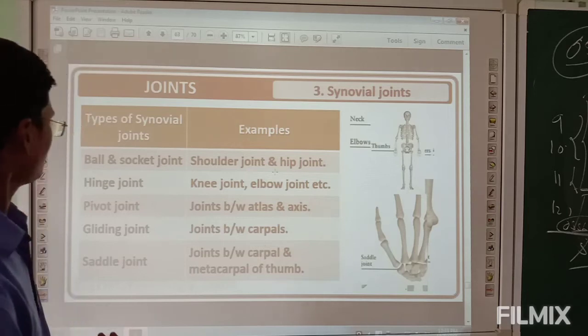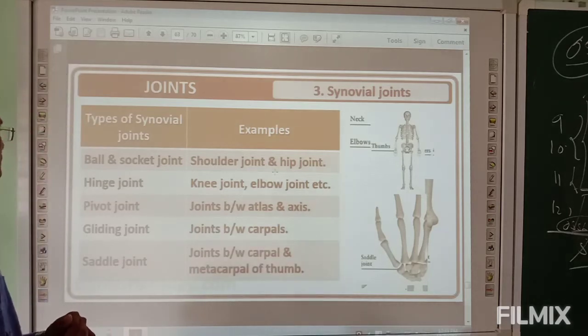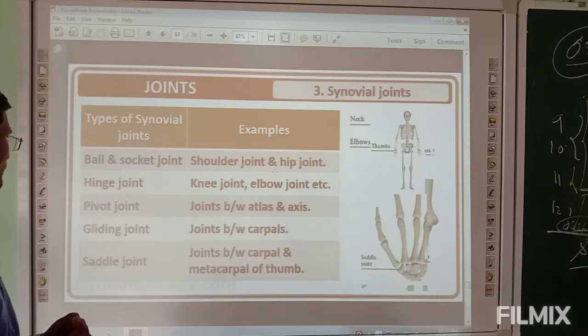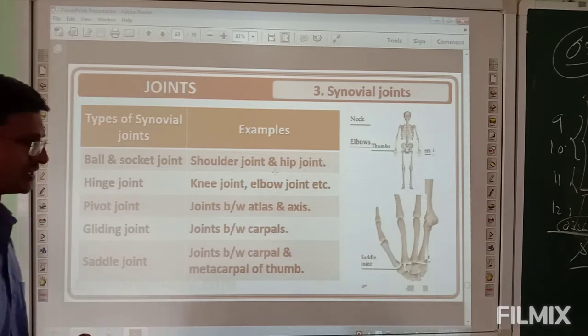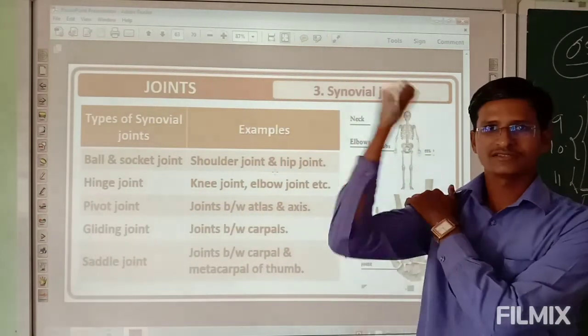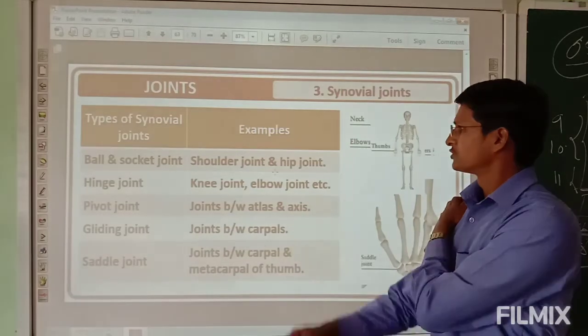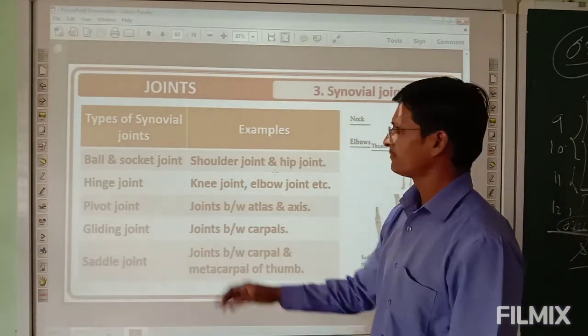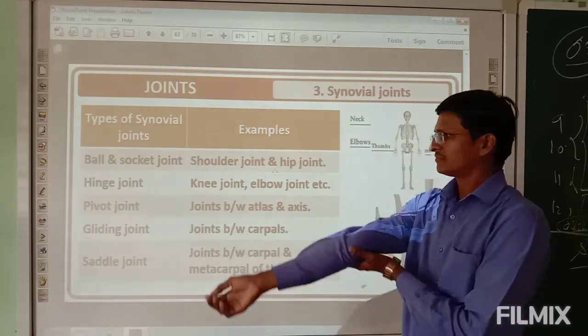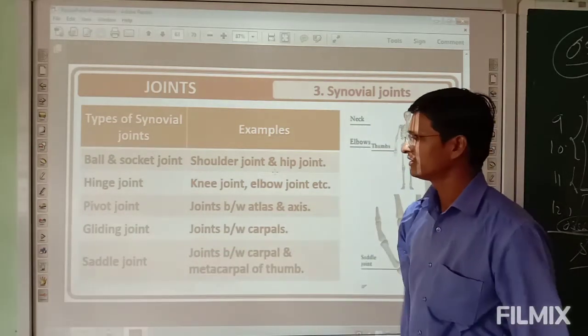Here are the types of synovial joints: the ball and socket joint, hinge joint, pivot joint, gliding joint, and saddle joint. Ball and socket joints are the shoulder joint and the hip joint. Hinge joints are the knee and elbow, which move in only one direction.